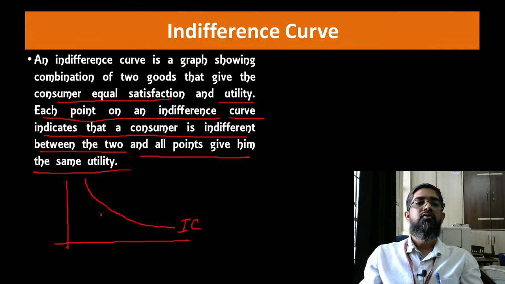Okay. So whether you are here, or you are here, this is your combination. Suppose here you are measuring Y commodity, here you are measuring X commodity. So this is, say, Y3, this is X1.